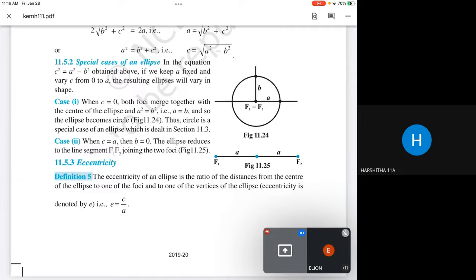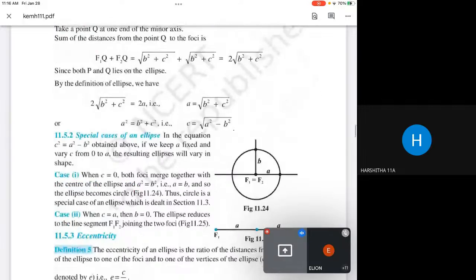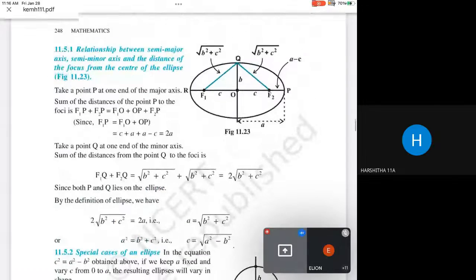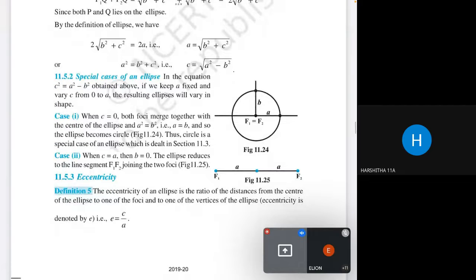If the C value is 0, C being the distance from the center to the foci, it means it is completely 0, then the foci merge together with the center of the ellipse. Then in that case, A square equals B square, that is, A and B are equal. A and B being equal means we are going to get a circle.